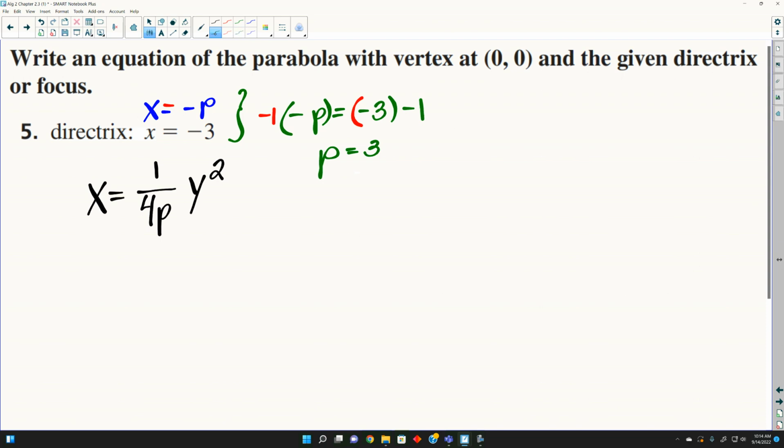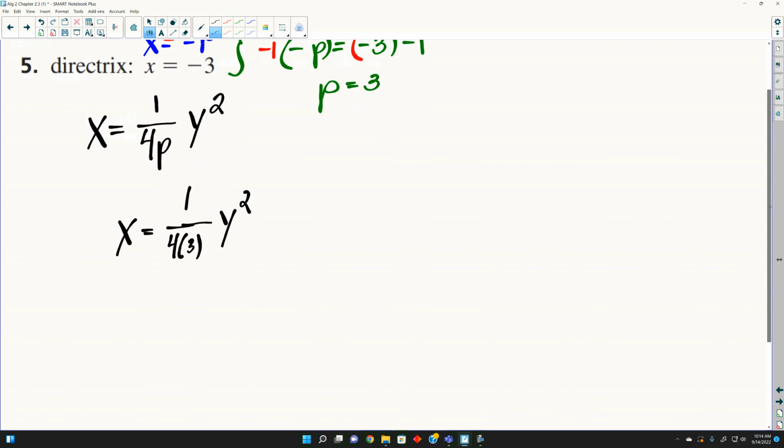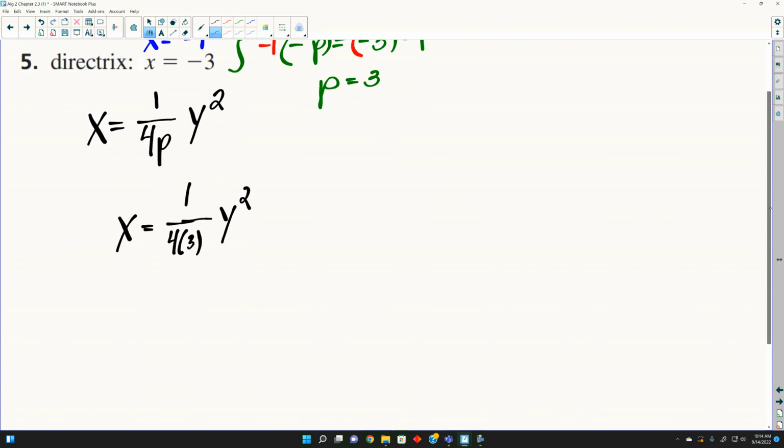And the last thing we do is we plug it in. 1 over 4 times 3 times y squared. Well, luckily this one's kind of nice, because 4 times 3 is 12.